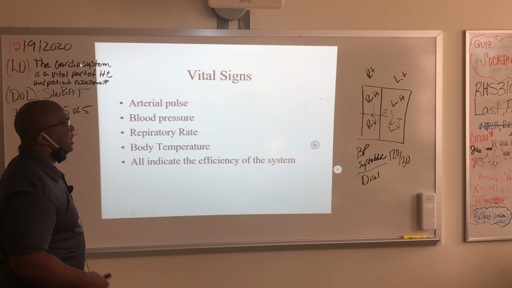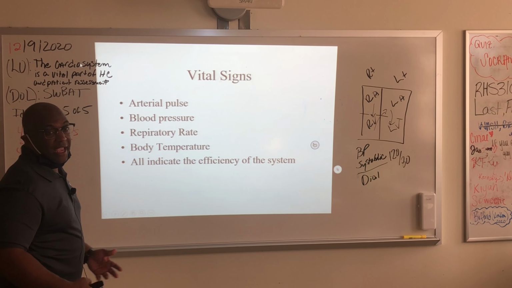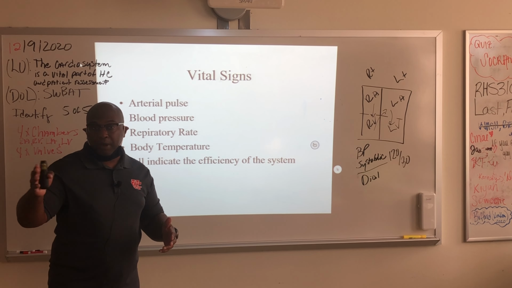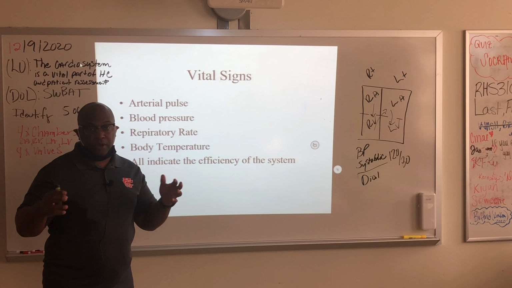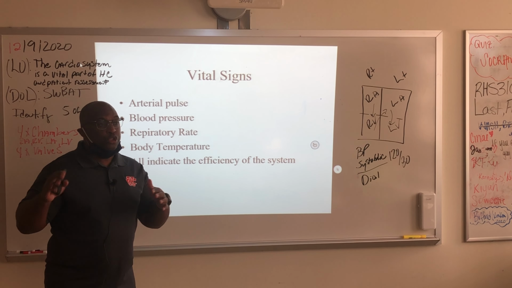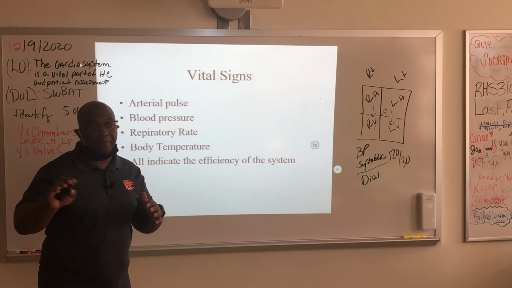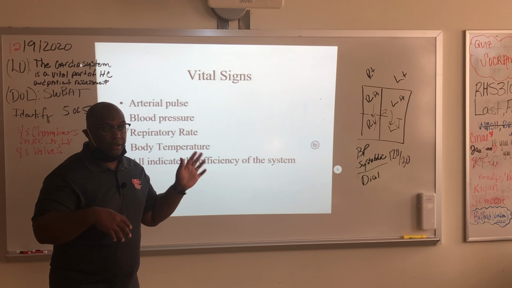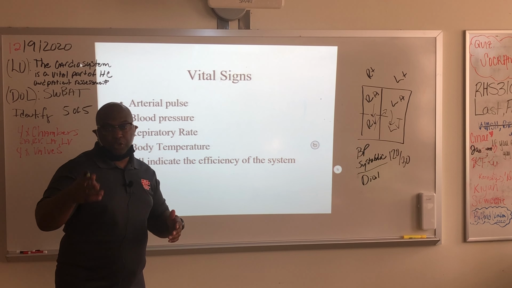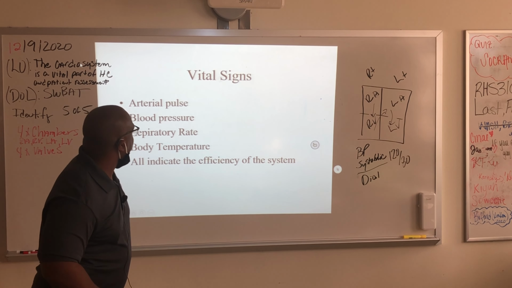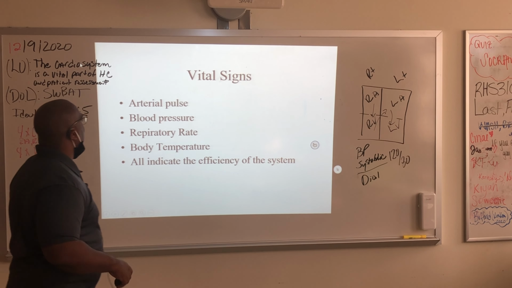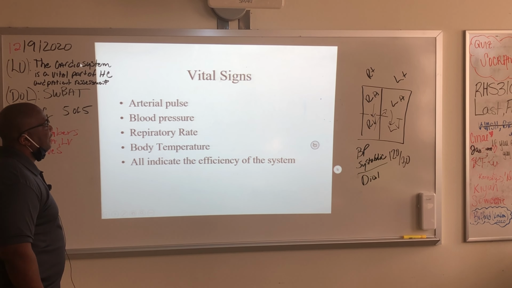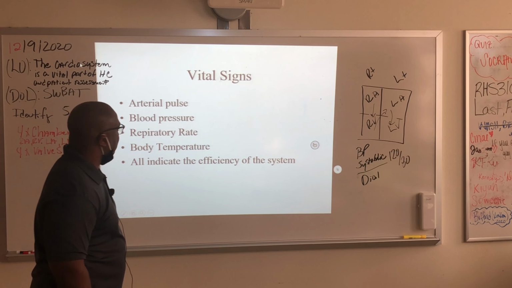Vital signs. The reason we take vital signs at assessment, and that's what you will do next semester. Next semester, I'll have the blood pressure machines here, and it'll be charged to you to take blood pressure on somebody every day, so we get faster and you know how to assess someone. Okay, so we'll do a lab on that, and we'll go from there. All right. Arterial blood pressure, respiratory rate, body temperature, all indicate the efficiency of the cardiac system.